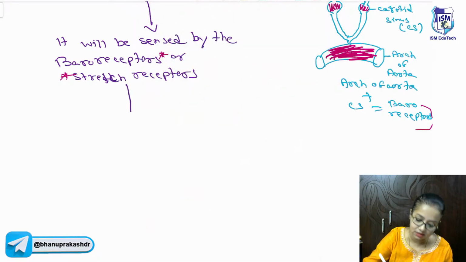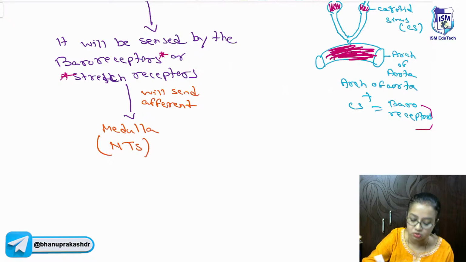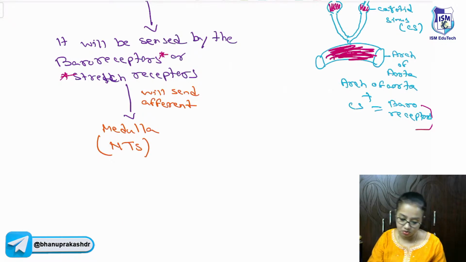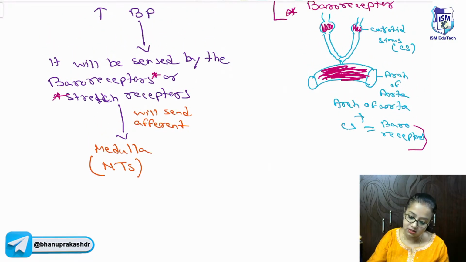This receptor, what will it do? It will send afferents to the medulla, in the nucleus of tractus solitarius. Now, afferents means the information has to travel via a nerve fiber.